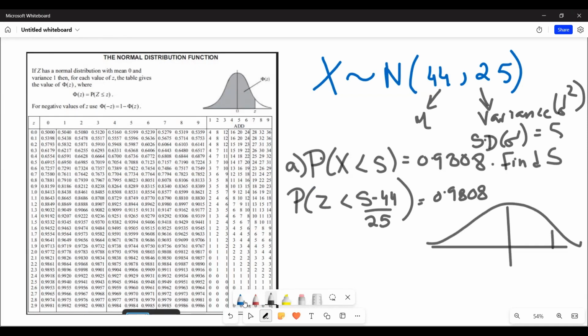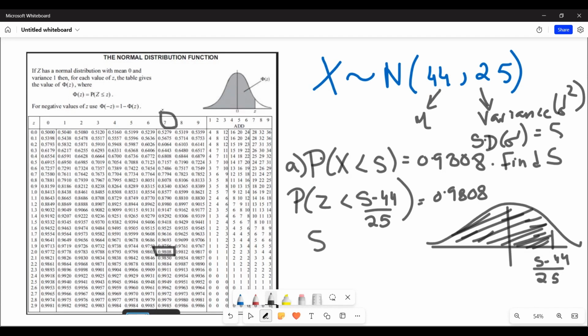So probability z is less than this value is 0.980. So that means it must be somewhere over here, because this probability is close to 1. Shaded area is close to 1 here. So s minus 44 upon 25 is some positive value. Okay, so now we can just read it from the table. 0.9808 is here. So that value is 2.07.